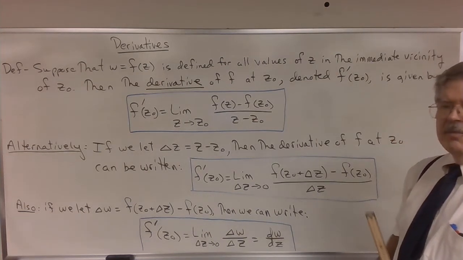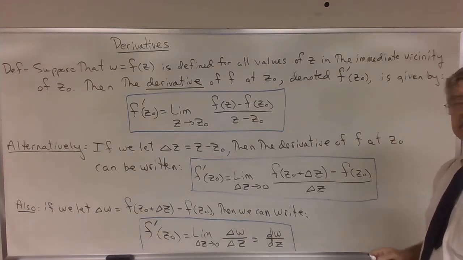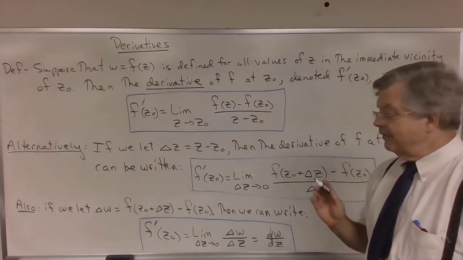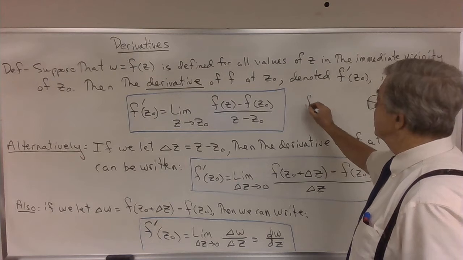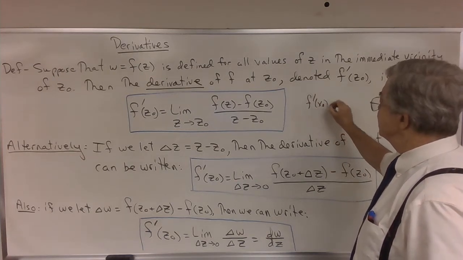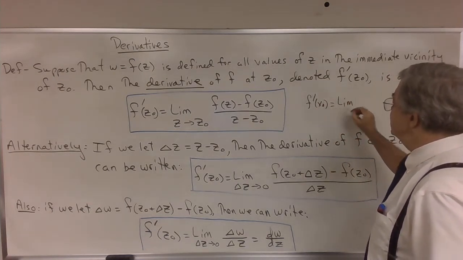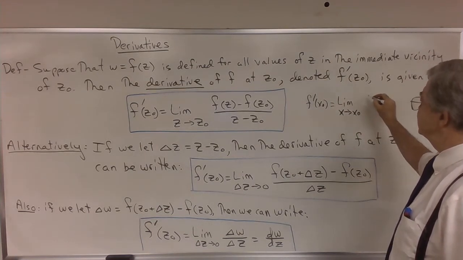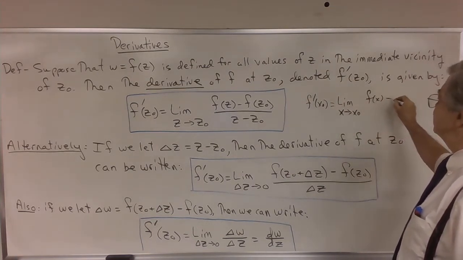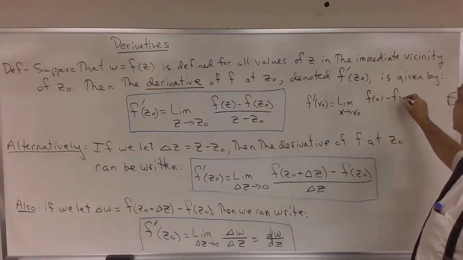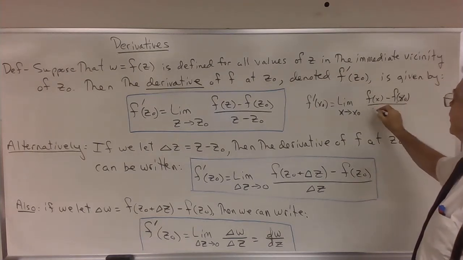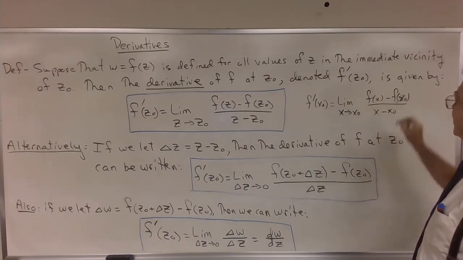And this is somewhat comparable to one of the definitions of the derivative of a real valued function. f prime of x naught is the limit as x approaches x naught of f of x minus f of x naught all over x minus x naught.